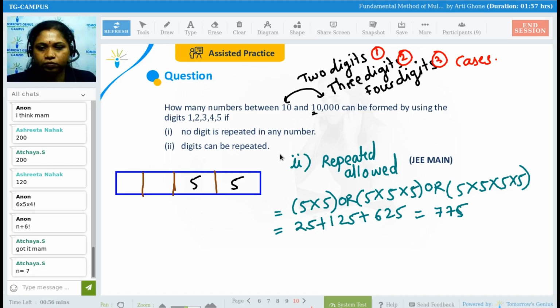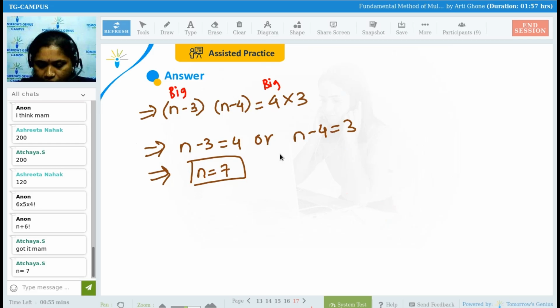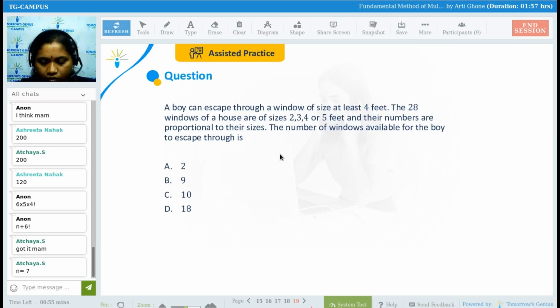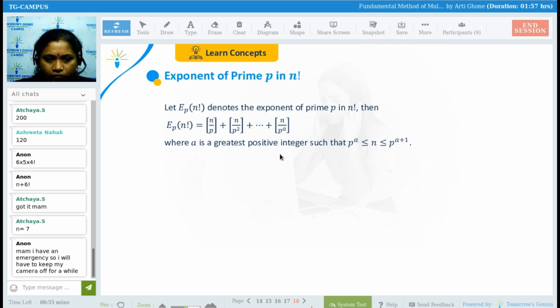Hello everyone. Am I audible? Let's get back to the session. Hello, Bhuvna, Netra, Ashwin, Mukeshwaran, Achaya. Am I audible?